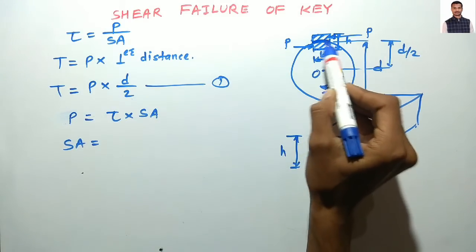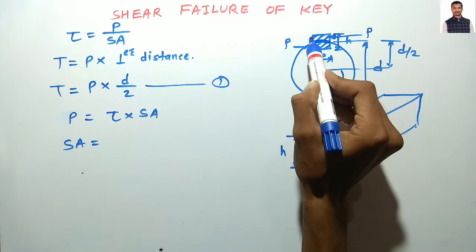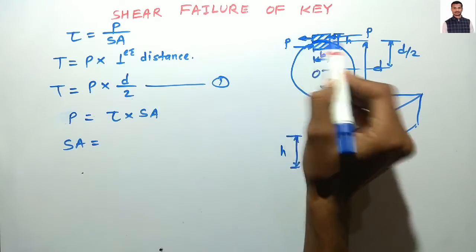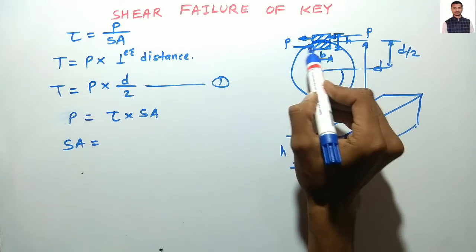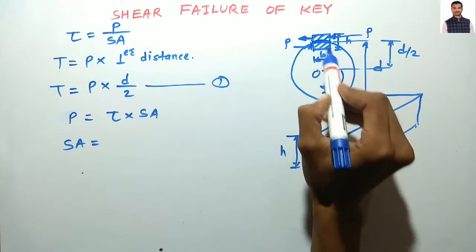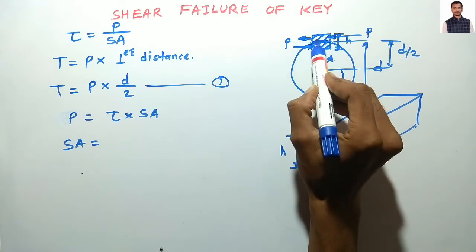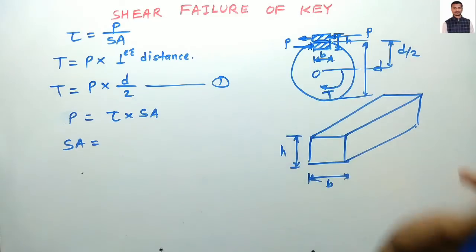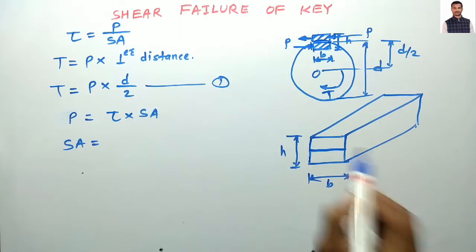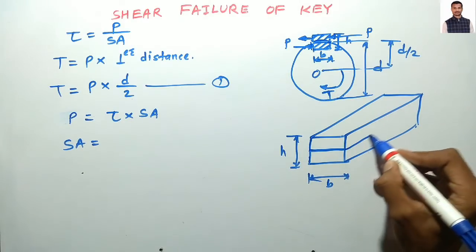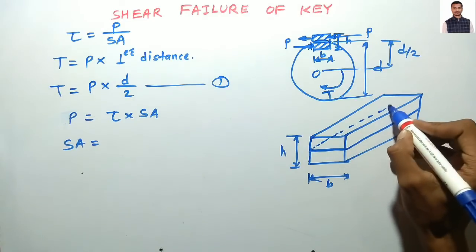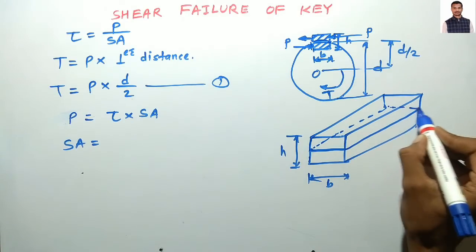Due to shear, this part of key will go on this side, and the remaining part goes with shaft on the other side. That means at this cross section shear failure of key will take place. So this is the failure area.